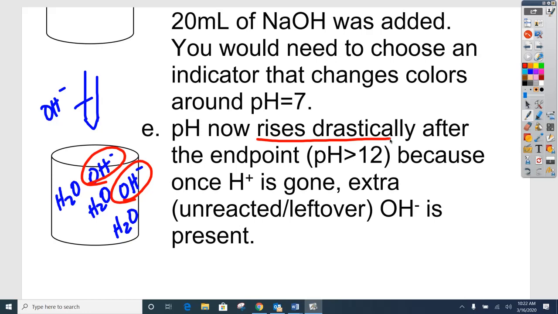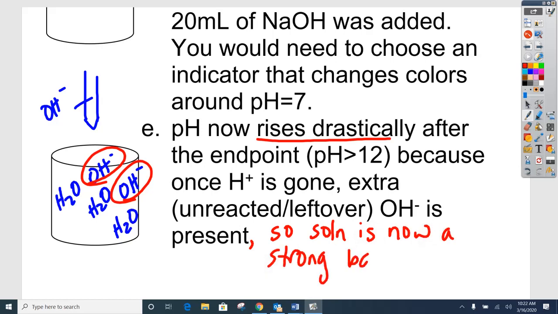So if you have any hydroxide left over, you can add to this very last sentence here. So pH rises drastically after the endpoint because once the hydrogen is gone, you have extra unreacted hydroxide present. So the solution is now a strong base. We've gone from a strong acid to neutral to a strong base.